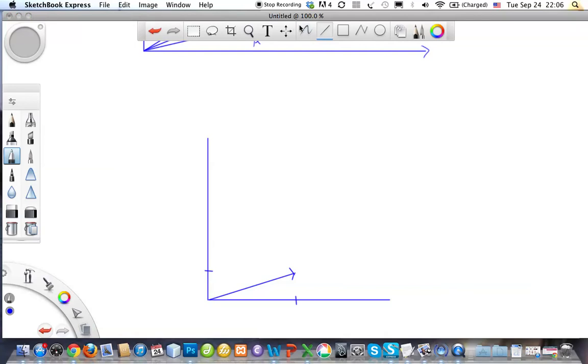Vector A is going to be at 3, 1. So vector 1 is equal to 3 comma 1. Vector 2 is going to be equal to 1 comma 1.